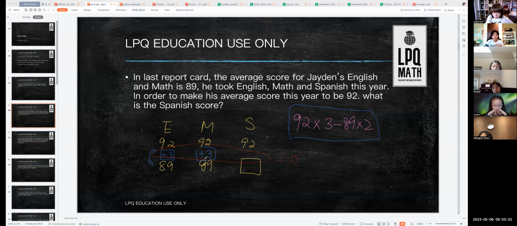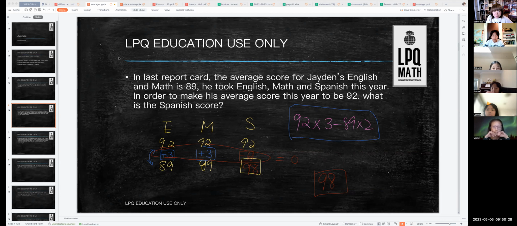So now it's plus 3, so it's what? Minus 6. Correct? So what minus 6 equals 92? 98. So Jason needs to get 98 points for Spanish in order to get the average score for the 3 courses to become 92. Get it, everybody?